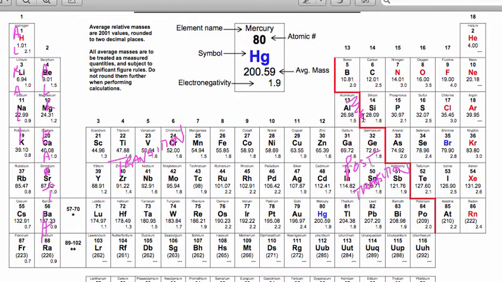The metalloids are on the stairs. They are metal/nonmetals, metalloids. I also want you to know the noble gases and the halogens.